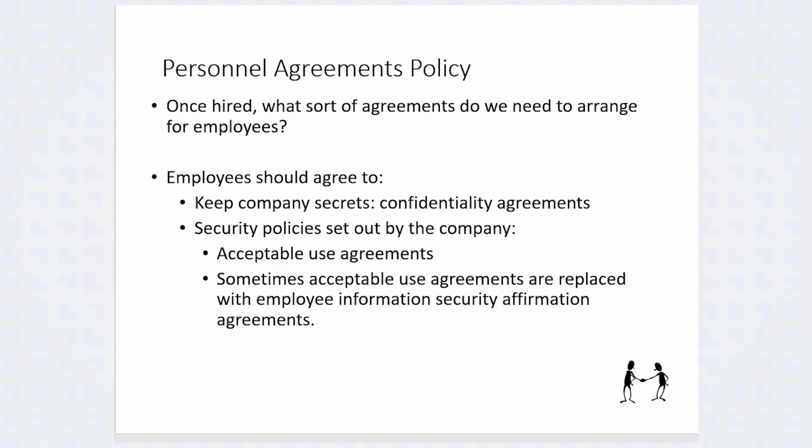Once you've been hired, you're going to have a personnel agreements policy in place. This means that the employees will agree to keep company secrets confidential. They will have acceptable use policies. Are you allowed to surf the web? Are you allowed to use company resources for personal use, for example?